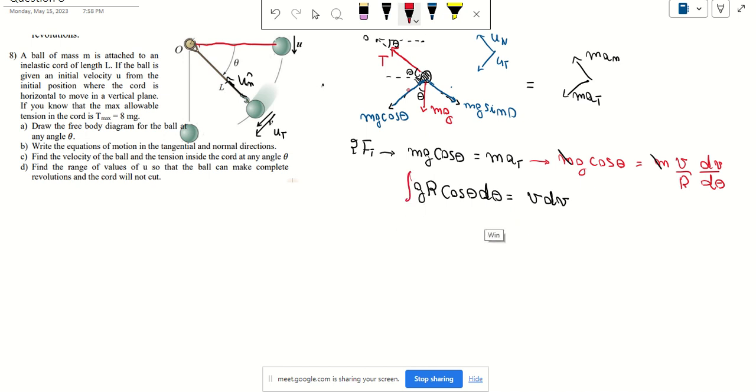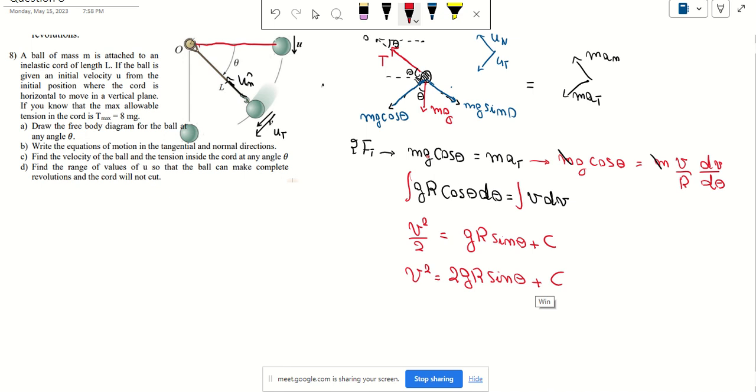So we shall integrate. From this one you will find that v squared over 2 is equal to gr sine theta plus c, and I'm moving the 2 to the other side, so v squared is equal to 2gr sine theta plus 2c, a constant times 2, it will remain a constant.